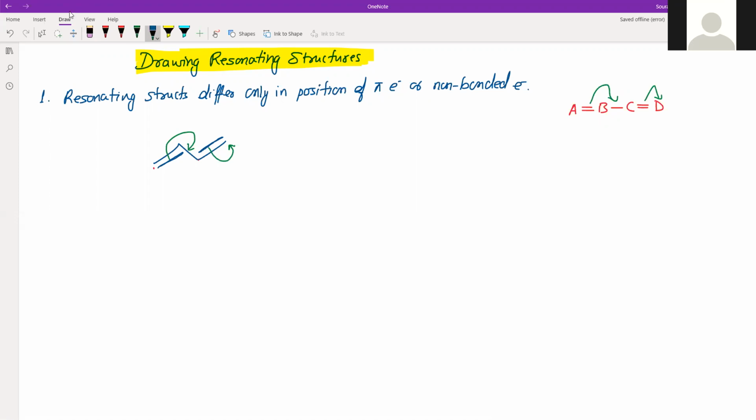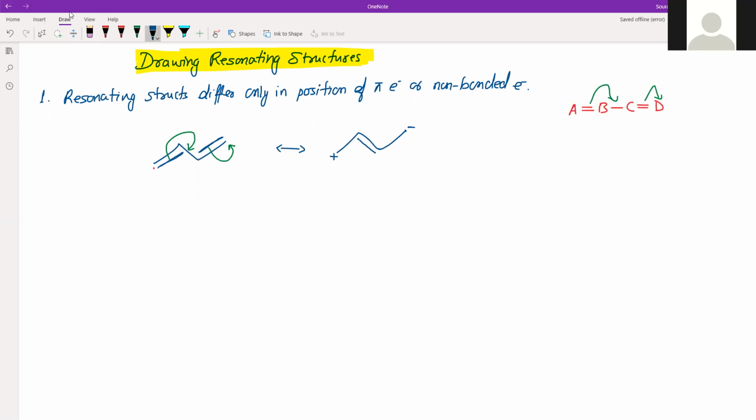So the next structure which we will get will have a single bond here, a double bond in the middle, and a single bond here. And what happened here is this A has lost the bonded electron pair, so A will have a positive charge, and D, which is the last one, has gained an extra pair of electrons, so there will be a negative charge on it.